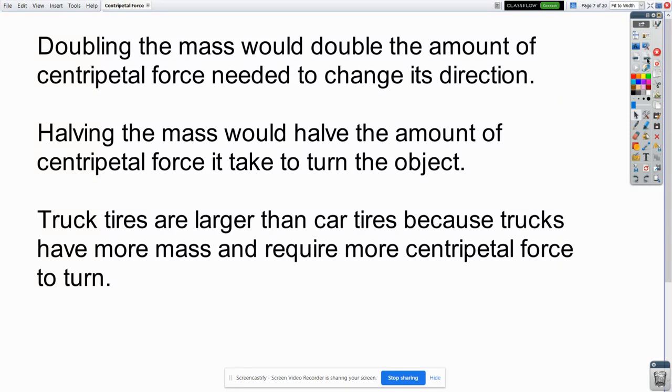Truck tires are much larger than car tires, and this is because trucks have more mass than cars do. It requires a much greater force to turn a truck than it does to turn a car. As a result, you need a larger tire patch in contact with the road to produce a greater amount of friction in order to turn that truck.